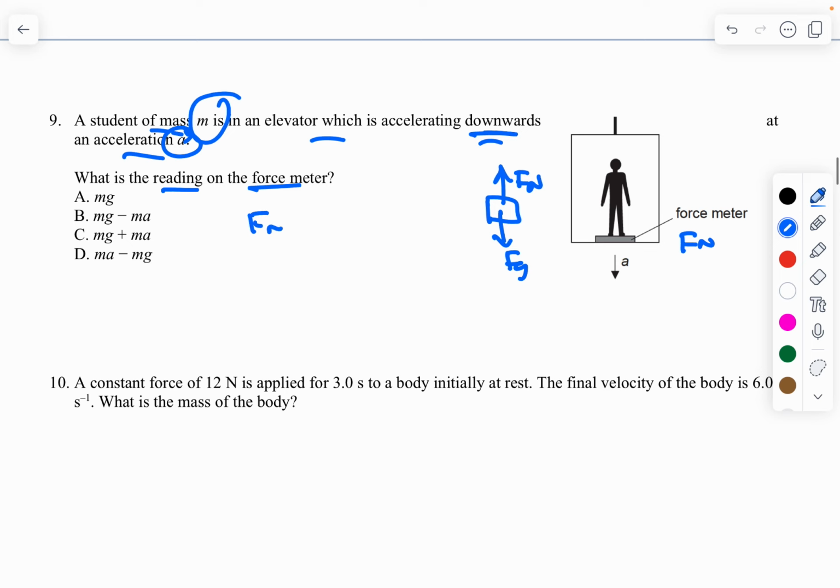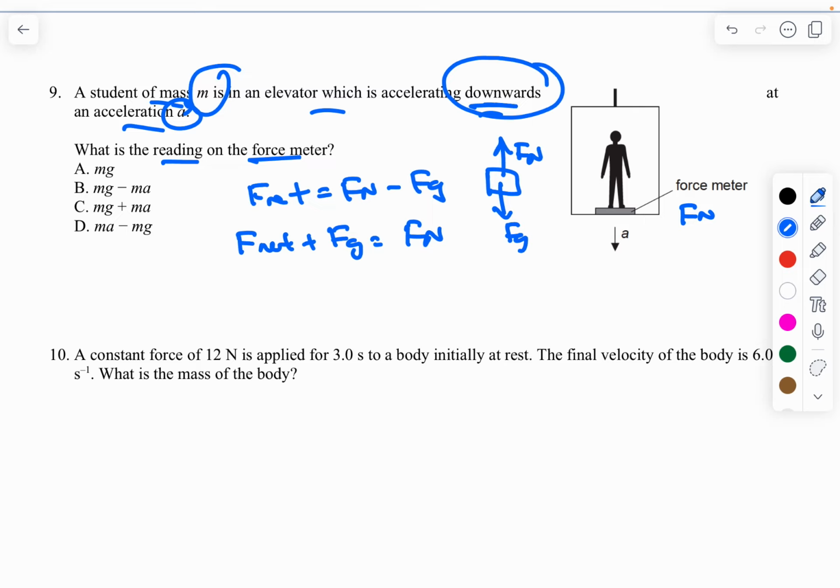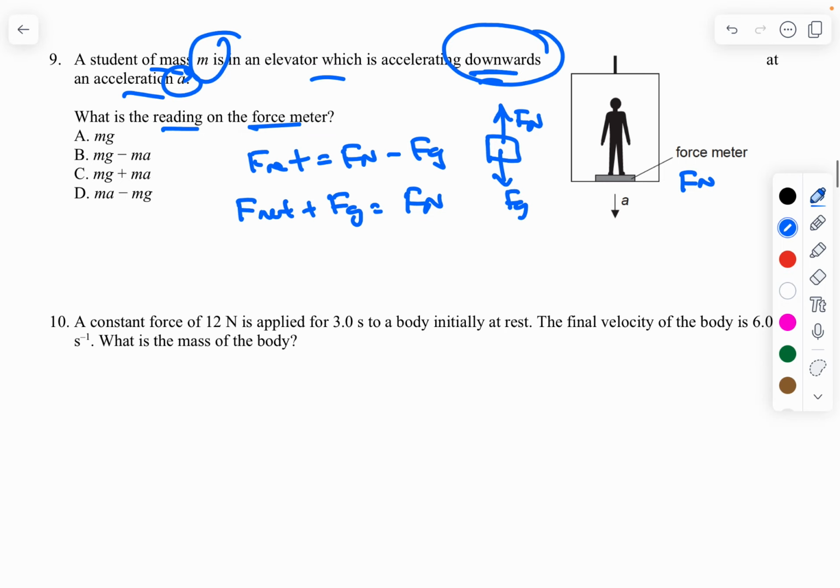Okay, so that's what it measures. So you have F net equals Fn minus Fg. So you have F net plus Fg equals Fn. And this is the key word here, negative acceleration. So you have m times negative a plus m times g in this case.